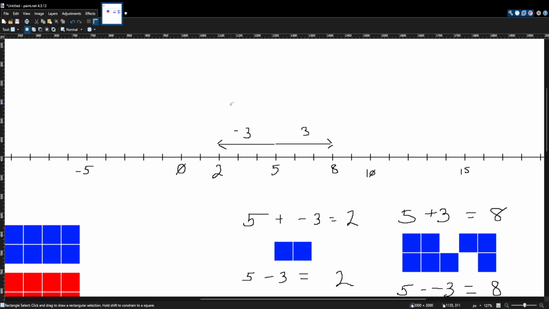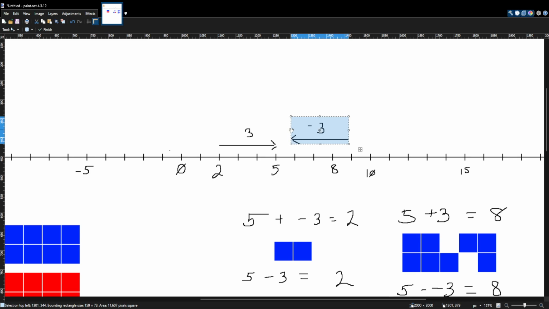Now, what does subtracting a number on a number line look like? There are two ways of thinking about it. You can flip the arrow around so that it points in the opposite direction, or the representation that I like better is to put the arrow so that its tip is at the position that you're starting at.